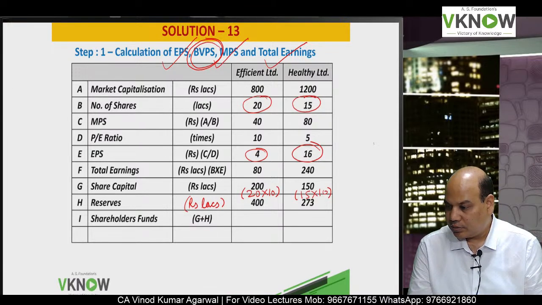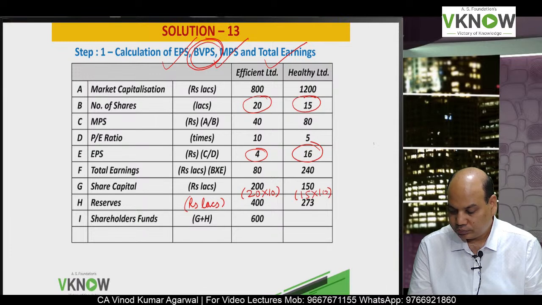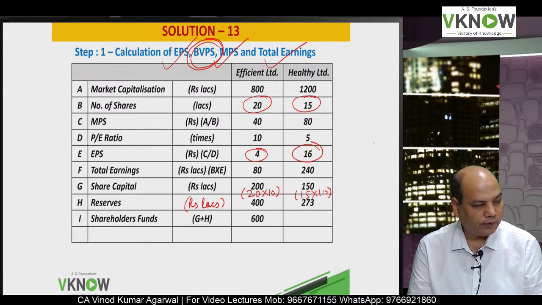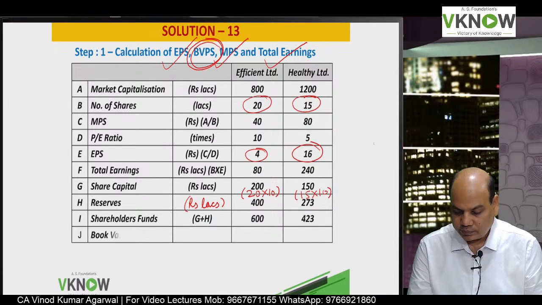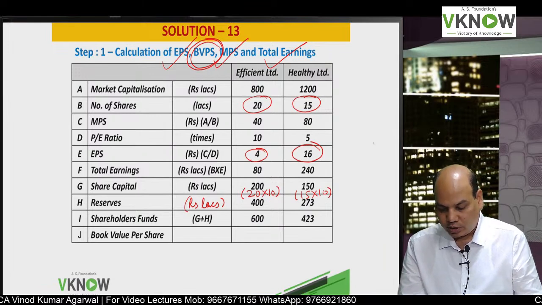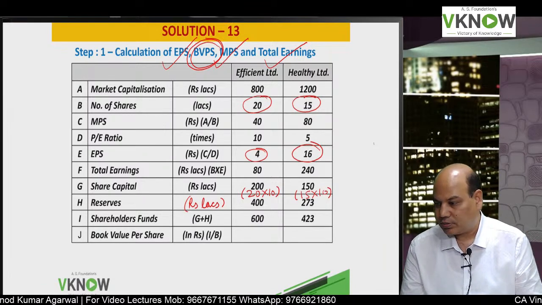So shareholder fund, G plus H, 600, 423, and last point J, write down book value per share in rupees.